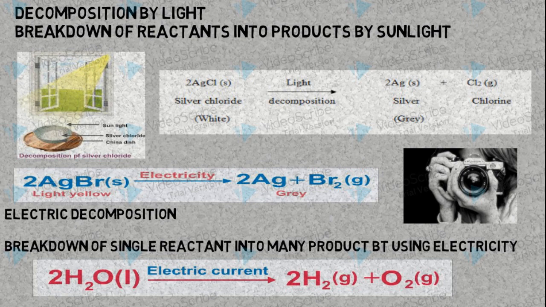So here water is broken down into hydrogen gas and oxygen gas by passing electric current over the solution. So if electric current is used to break down the bond, it will be electric decomposition. If sunlight or any source of light is used, it will be decomposition by light. And if heat is used to break down the bond, it will be thermal decomposition.